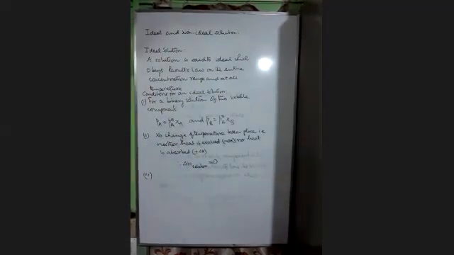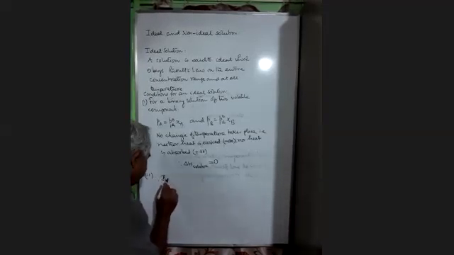But in a real solution it does not always happen. In some cases it may be less than 100, in some cases more than 100. But in an ideal solution, it will always be equal to 100.